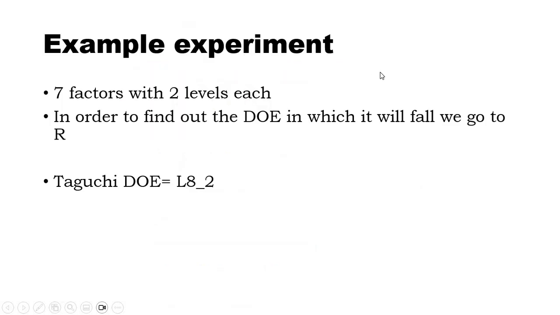So now we'll have to proceed with the R software to carry out this analysis. So we have 7 factors with 2 levels. Now in order to find out which DOE it falls in, we go to the R software. So here this is the L8_2, which we have already seen. Now we'll go to the R software.